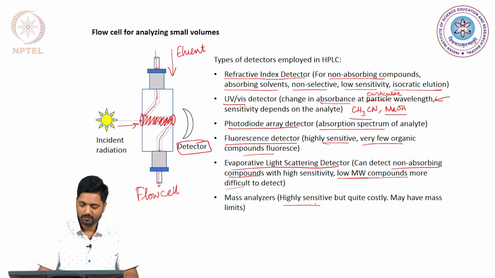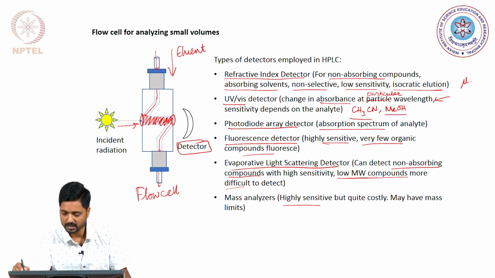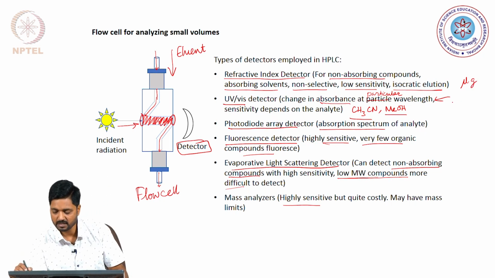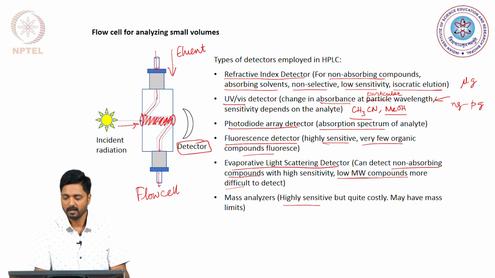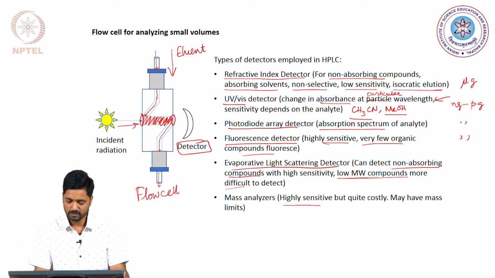So, if I were to list out the sensitivity of these detectors, the refractive index can sense in the range of microgram. The UV vis detector will sense in the range from nanogram to picogram, depending on how absorbing our analyte is, and the same will be true for the photodiode array detector and the fluorescence detector.